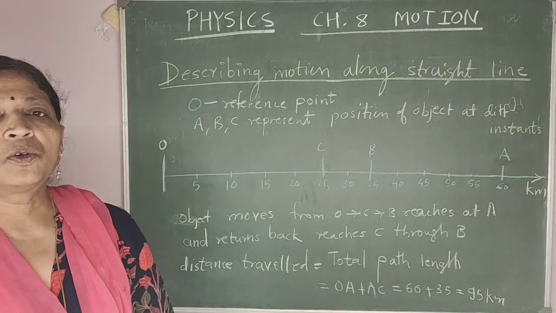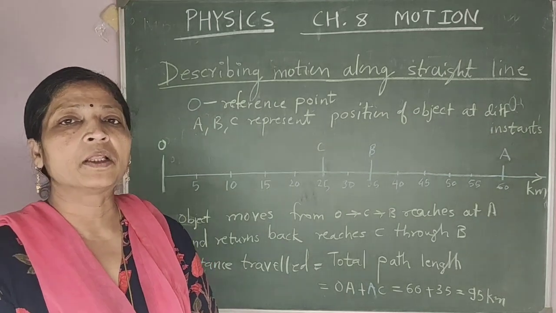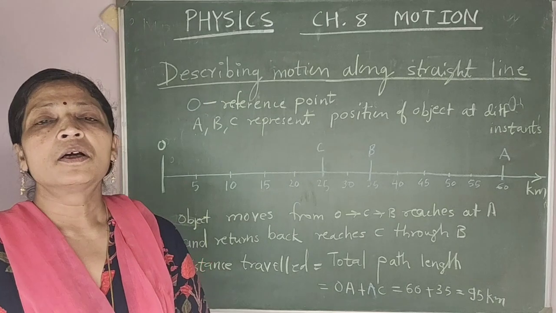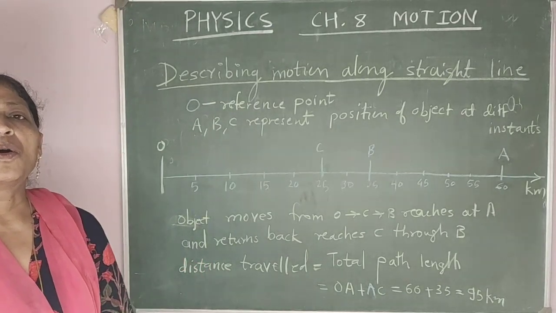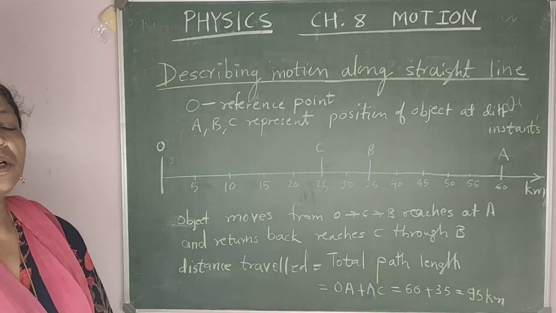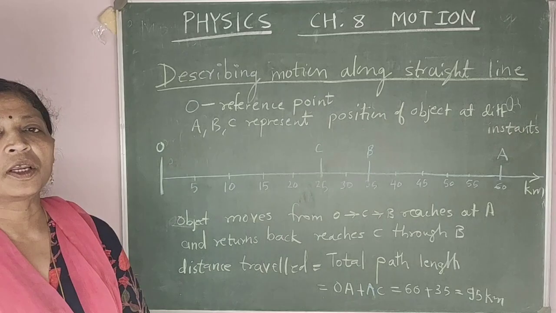For finding the distance, we are finding the total actual path length covered by the object. Here the direction in which the object is moving we are not considering.